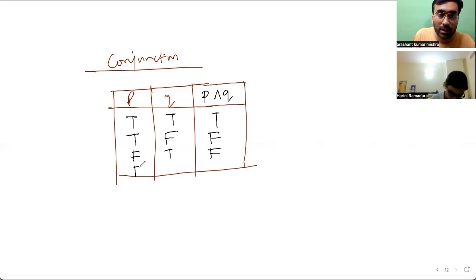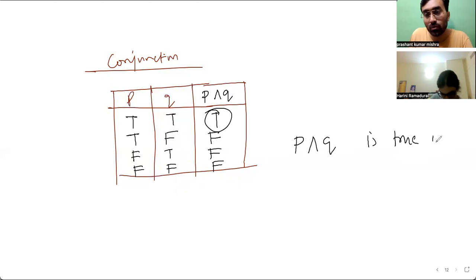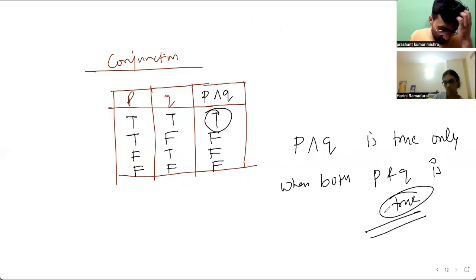If both are false, again false. So P and Q is true only when both P and Q are true.